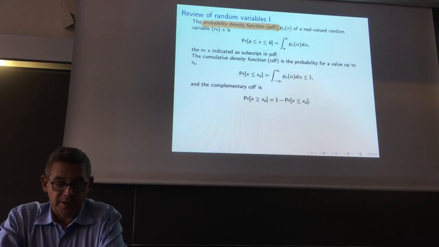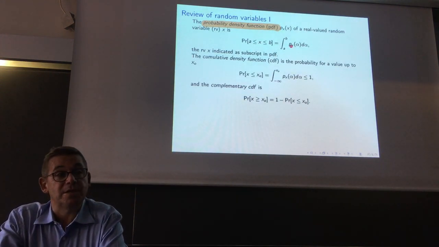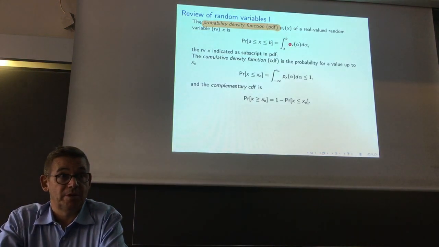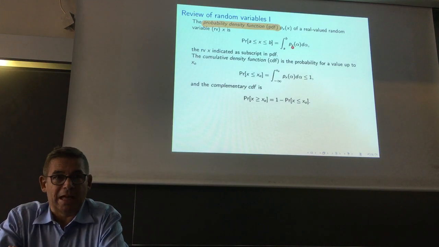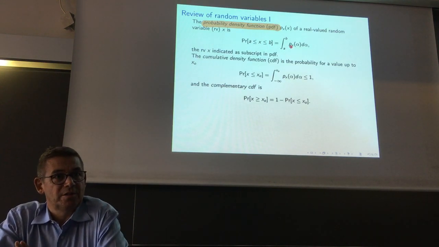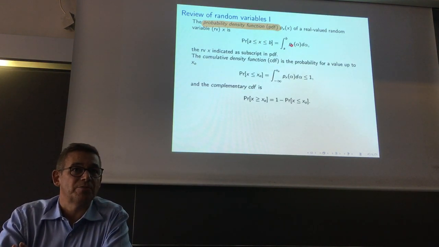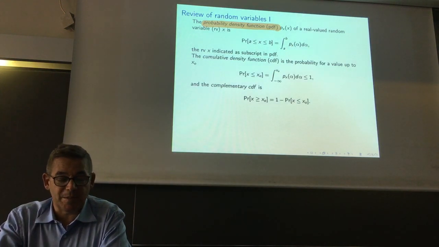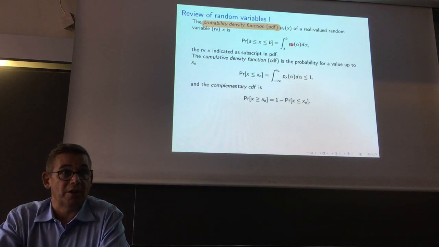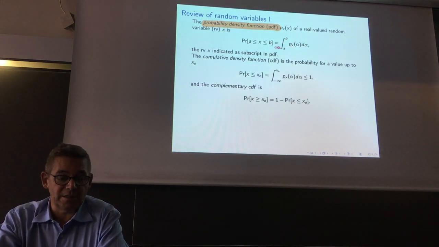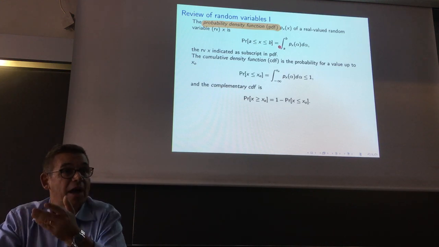The specific random variable I'm considering is indicated by the subscript. Loosely speaking, Px is a function. If I ask what the integral of that function between a and b is, it is a certain value, and this value is the probability.